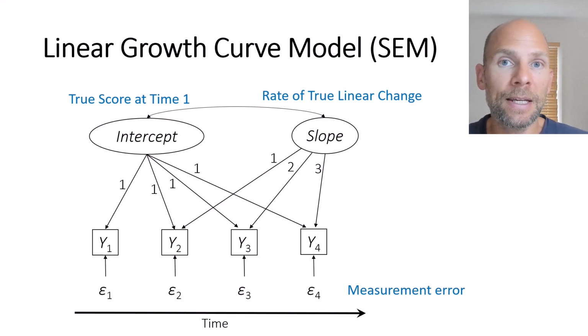You can see that this model implies a special type of confirmatory factor analysis where certain variables have loadings on both factors and where we have all loadings fixed a priori. None of these loadings here are estimated, although in other types of growth curve models we can leave certain loadings on the slope factor to be freely estimated if we want to estimate the shape of growth from the data.